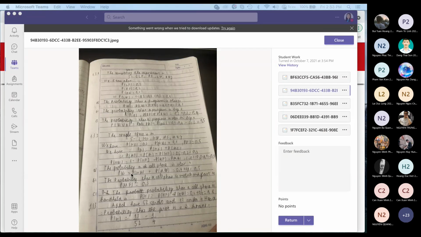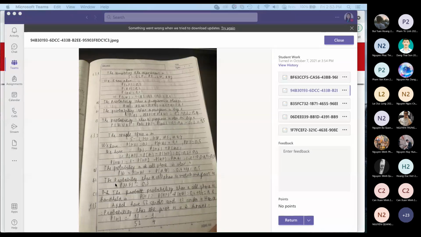From this, now we have to find the probability of W, which equals HW plus MW, equals 0.4 plus 0.1, so it equals 0.5.